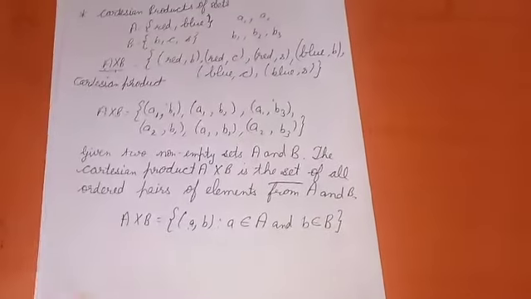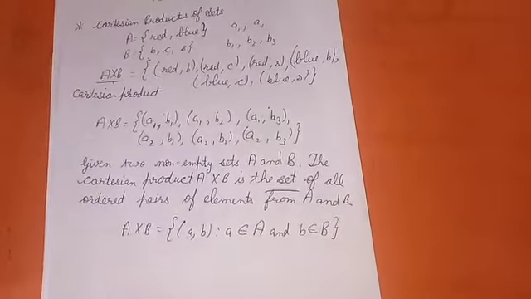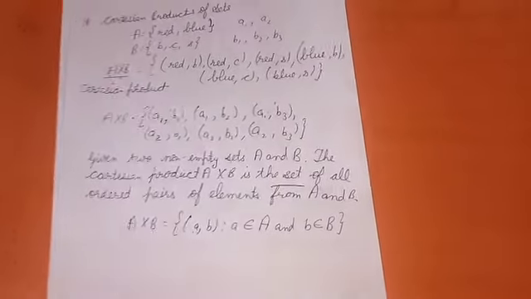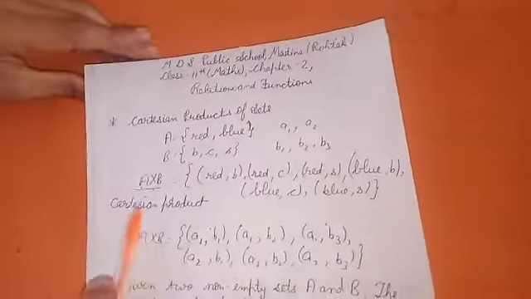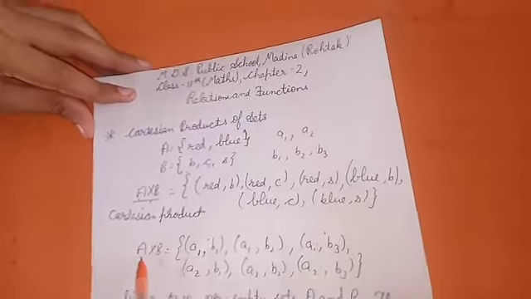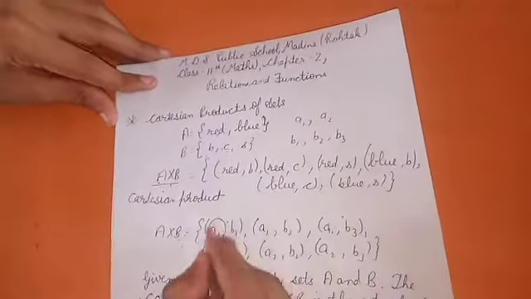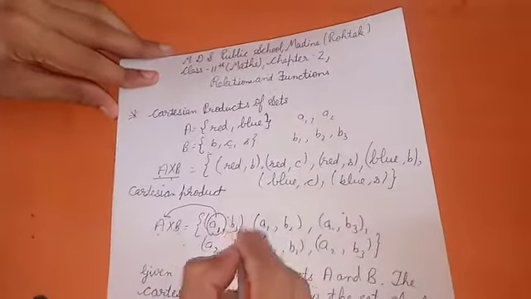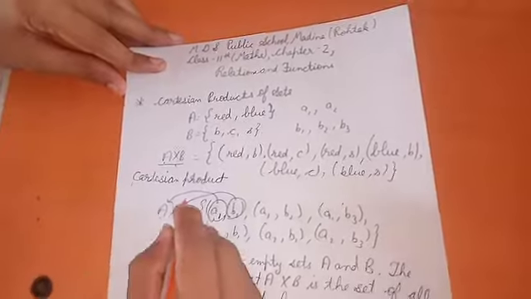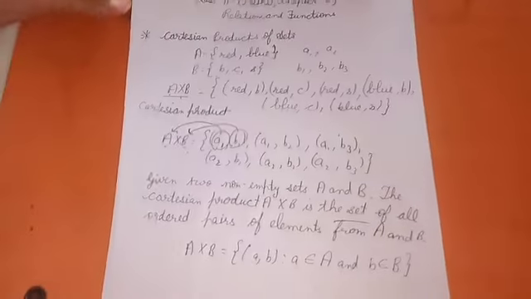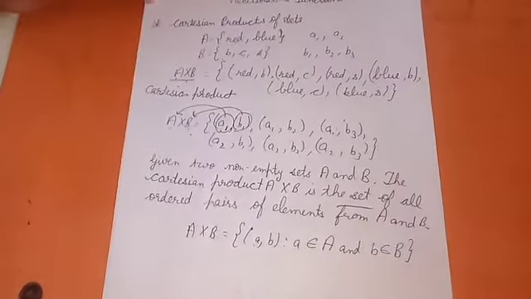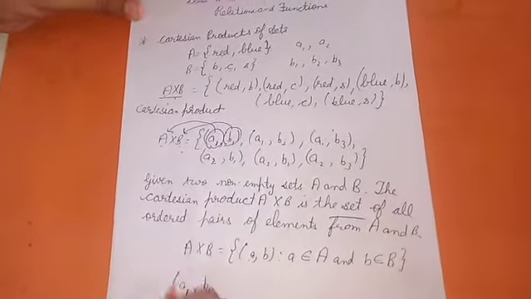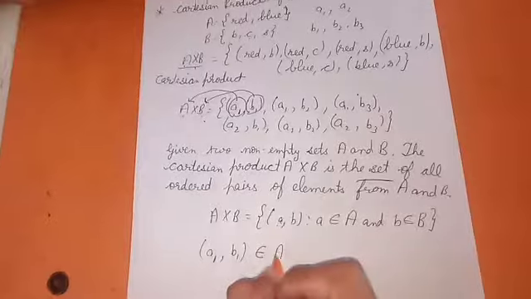What do we mean by an ordered pair of elements? Ordered pair means, if we have written A cross B here, then the first element should be and will be from set A and the second will be from set B. So how can we say that (A1, B1) belongs to A cross B?